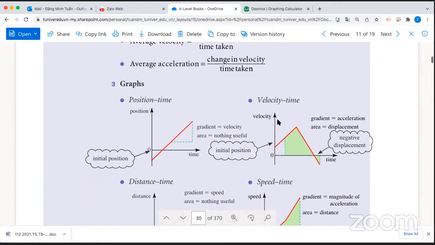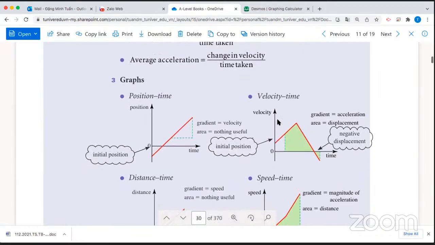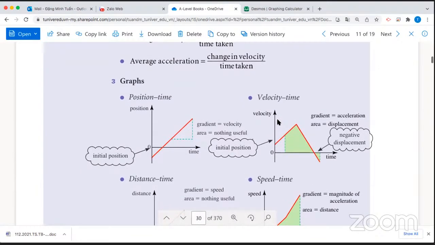Next, the graphs. Understand them well, that's the most important thing. For the position-time graph, the gradient gives you velocity, and the area is nothing useful in this case. But for the velocity-time graph, the gradient gives you acceleration and the area gives you displacement.